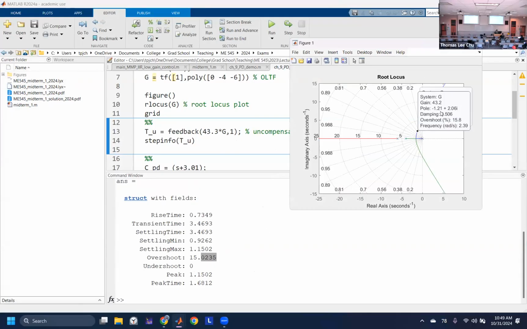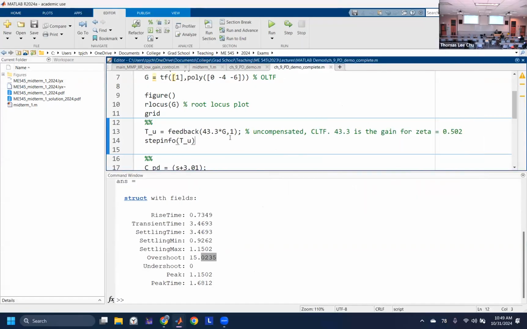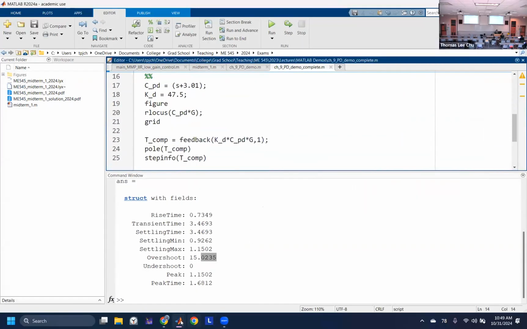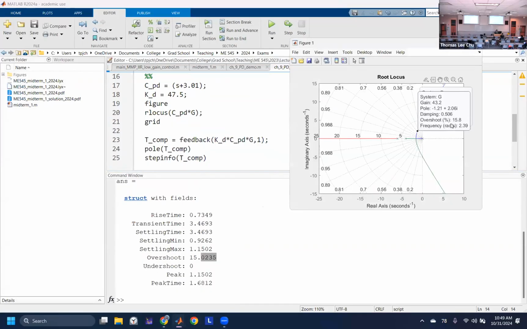And the reason why is because in the root locus, this number we're seeing here is based off of a second order system. So if I were to remove this pole at -6, we would actually see a different value. Okay, so the value I grabbed was from here, which is going to be this value. This is how I calculated the settling time.